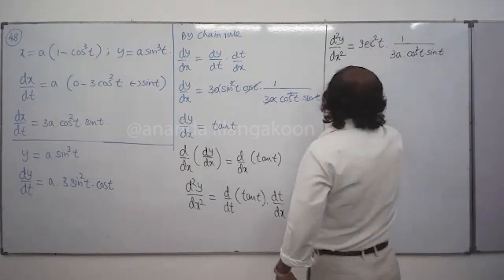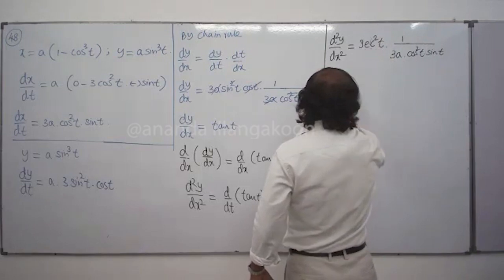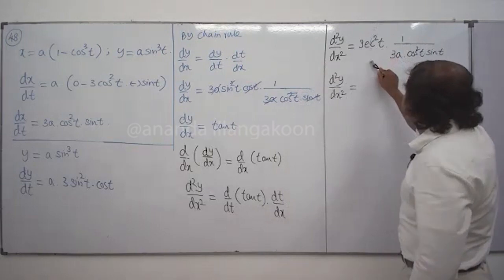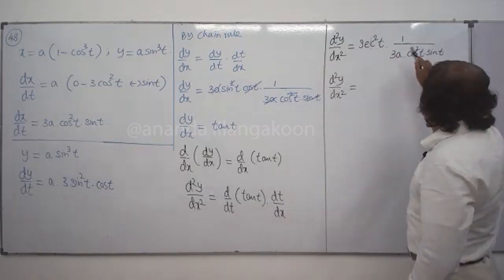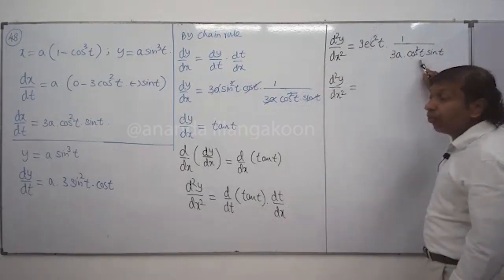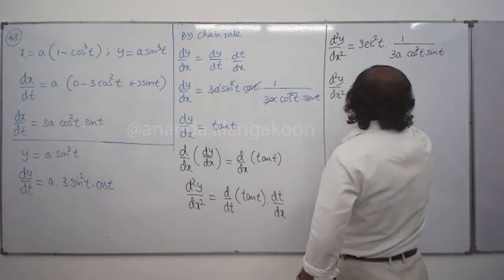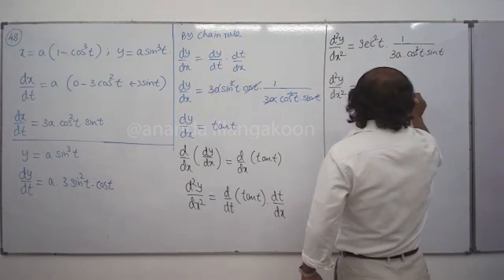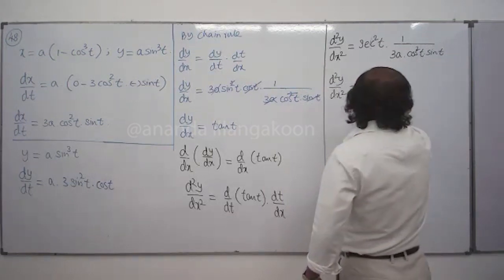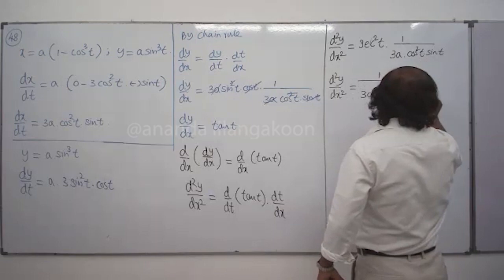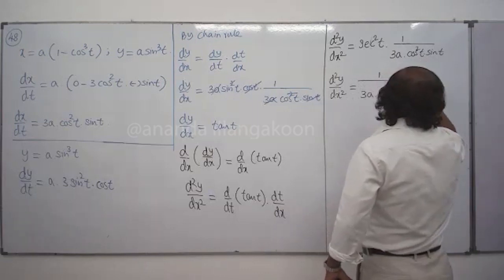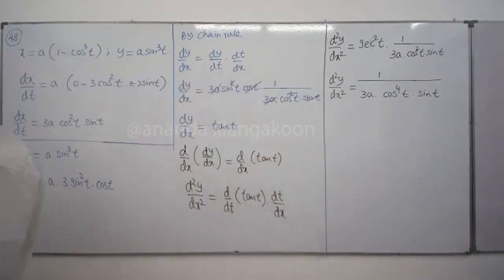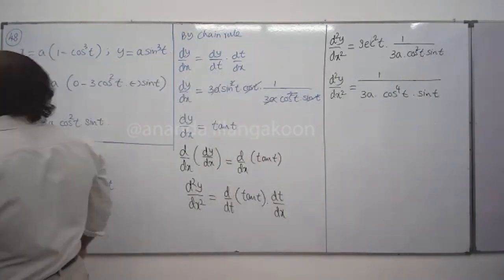So d2y over dx2 is 1 upon cos squared times 1 over 3a cos squared t sine t, which gives cos to the power 4, so 1 over 3a cos to the power 4 t into sine t. Correct?